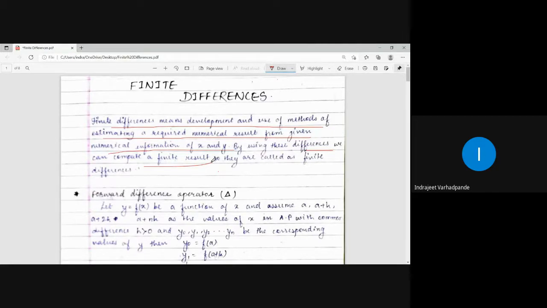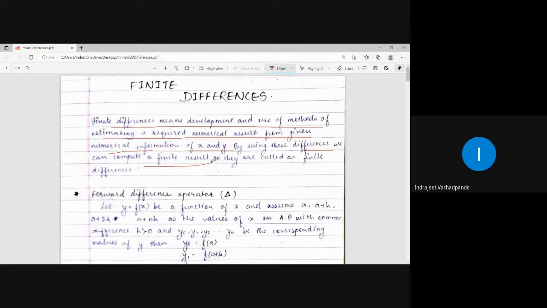So in these differences, wherein we are talking specifically about finite differences, you may be required to apply certain operations so that you are able to get the difference between the two terms. As I said, there might be a series or sequence of terms whose differences are to be calculated, and those differences will be called finite differences.